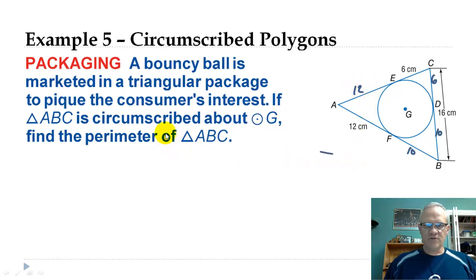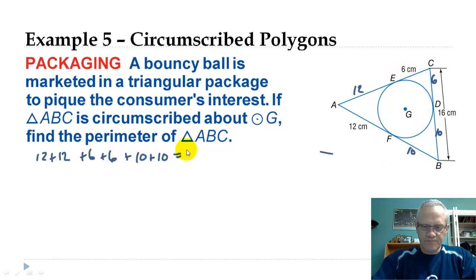And so all we have to do to find the perimeter here is just add all these up. So I'm going to have 12 plus 12, and 6 plus 6, that's these two, and 10 plus 10. All right.